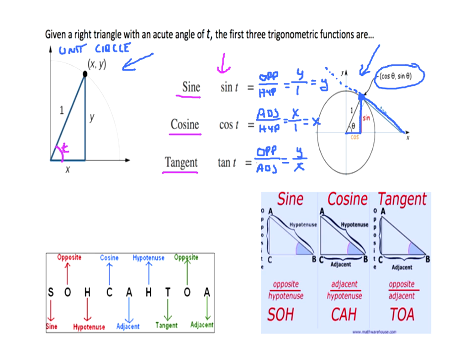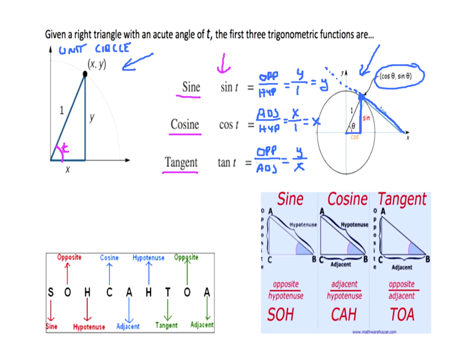So that is actually a visual picture of, okay, what is sine, cosine, and tangent? Well, we know it's these ratios, these relationships between the sides of the right triangle.